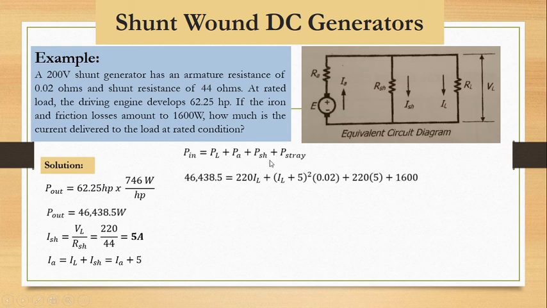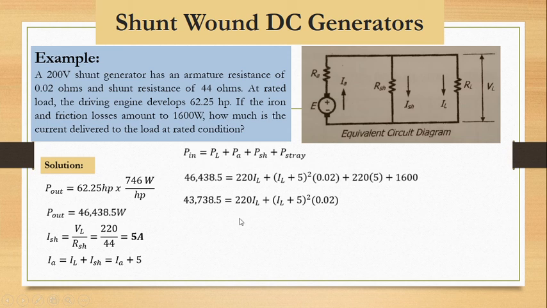For the power loss in the shunt field, we have 220 times 5, plus 1600, which is 43,038.5.